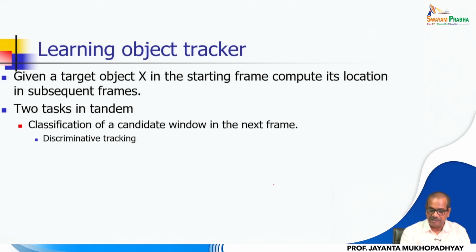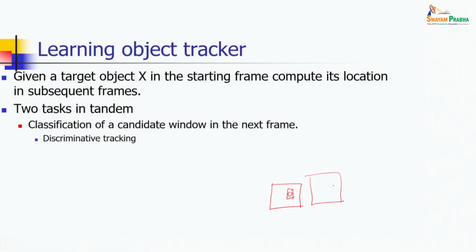To explain what it means, in your starting frame you denote with a bounding box that this object needs to be tracked, and in the next frame you consider a candidate window or candidate box and classify whether it contains the object or not.